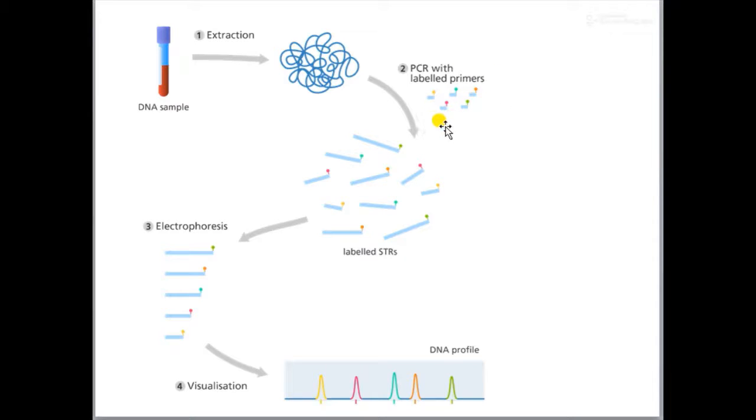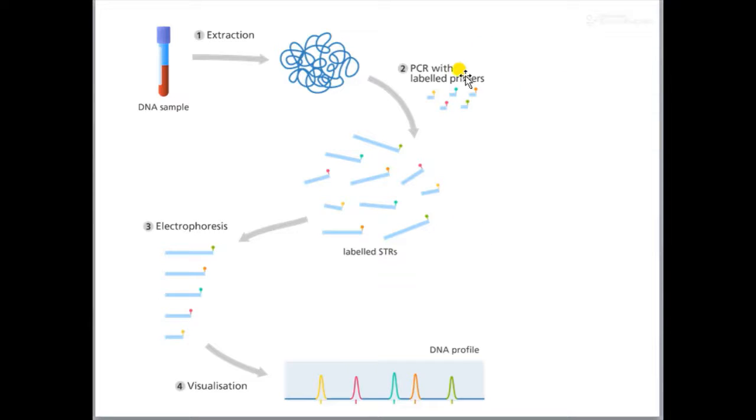How is this carried out? It is usually carried out using primers which are specific for these short tandem repeats, the microsatellites, and each primer is fluorescently labeled.